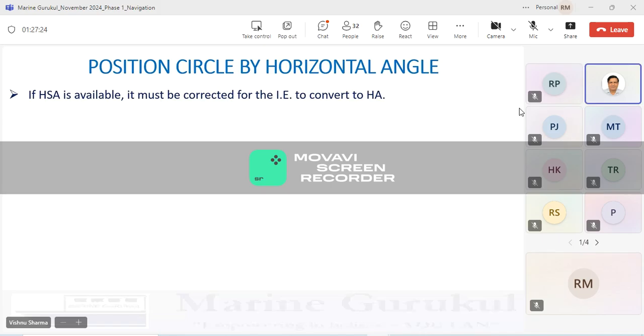If horizontal sextant angle is available, it must be corrected for index error, and then you obtain the horizontal angle. Horizontal angle is equal to horizontal sextant angle plus or minus index error, plus for off the arc, minus for on the arc.